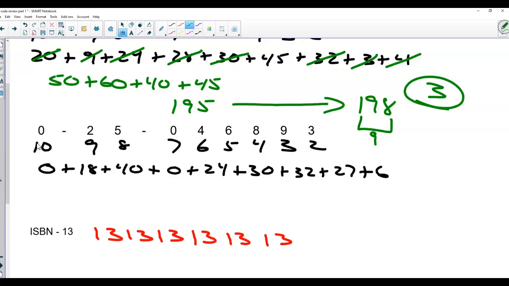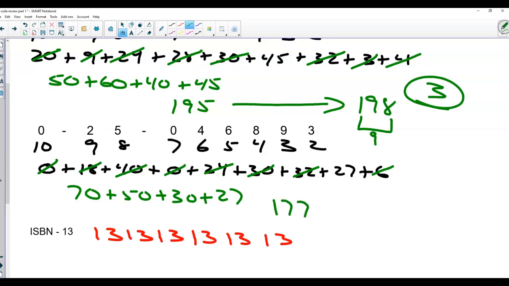I can get rid of 4 numbers right away. 0, 40, 0, 30 is 70. 18 and 32 is 50. 24 and 6 is 30. And I'm left with 27. I'd argue that's probably a little bit of an easier one. 70, 50, 120, 150. 150 and 27 is 177.